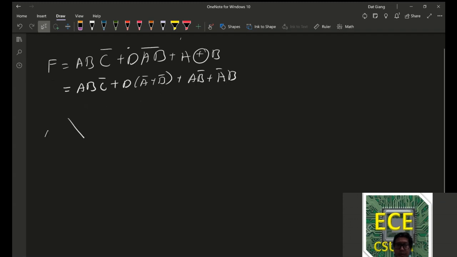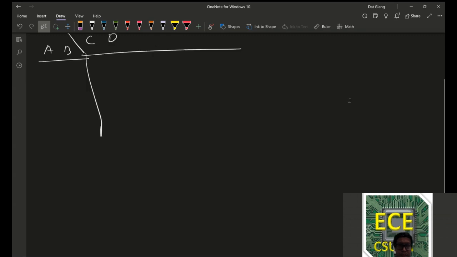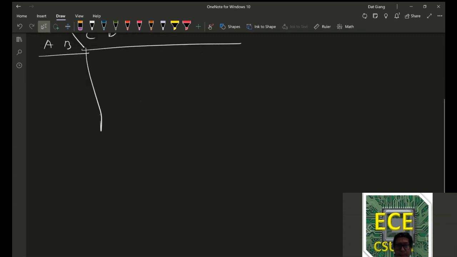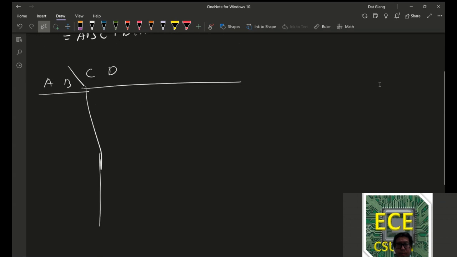So first, we have AB and CD constructed together like this. We have 0 0, 0 1, 1 0, 1 1, and then 0 0, 0 1, 1 0, 1 1.